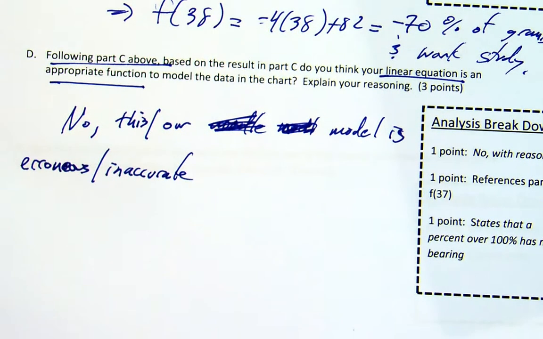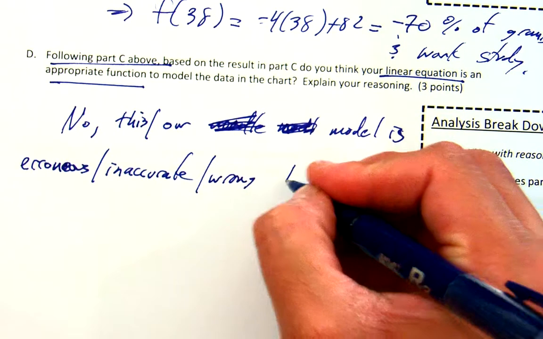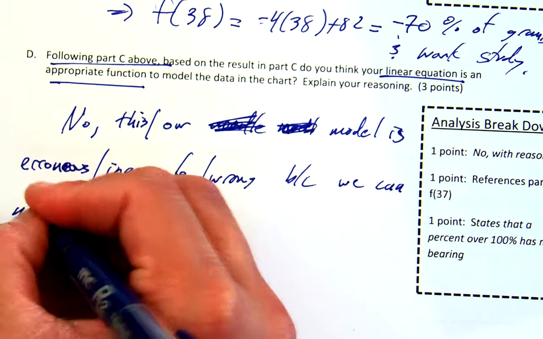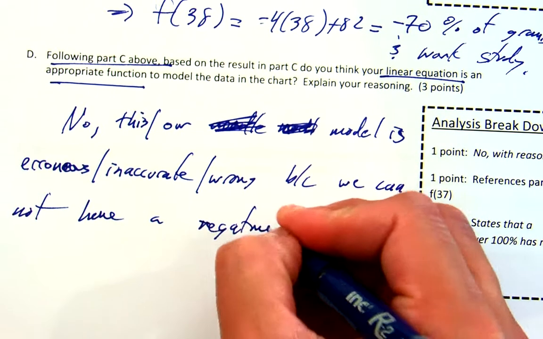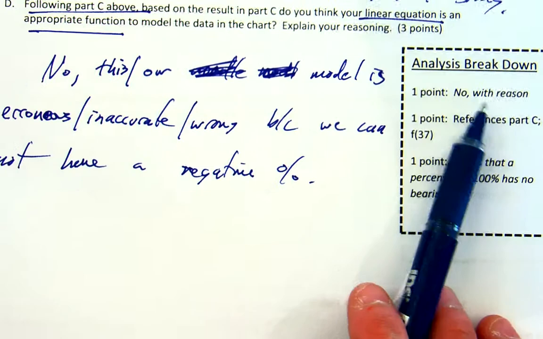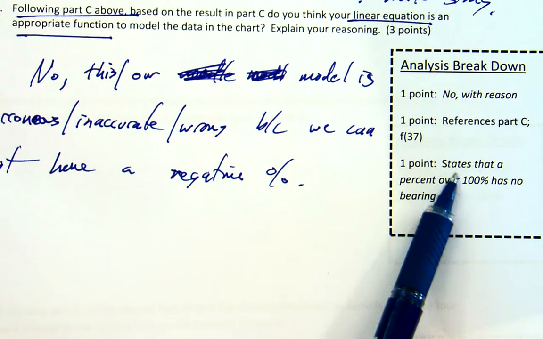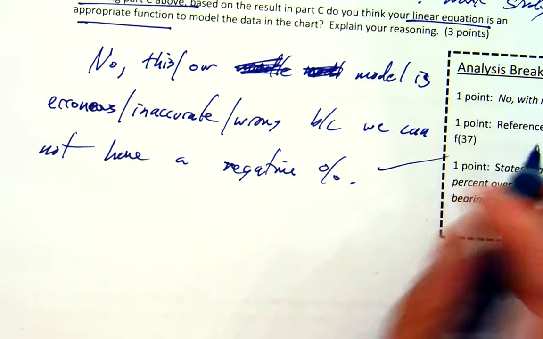What else? Our model is what? Wrong, because we cannot have a negative percent. Okay? And notice here, look at the scoring guide. You get a point for no with reason. You have to reference part C, a point that states you can't have over 100%. Negative is totally sufficient. Okay?